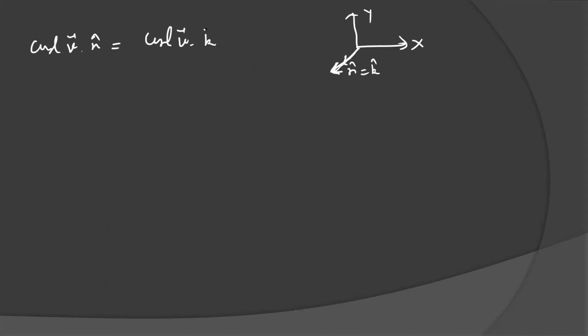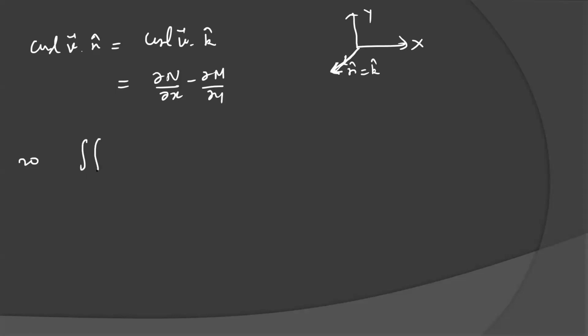In the xy plane, if you see carefully, what is normal vector outside? That is actually n cap is k cap. For xy plane, this is a normal vector. Outside normal vector is k cap. So curl V into n cap will be equal to curl V into k cap is equal to del n over del x minus del m over del y.